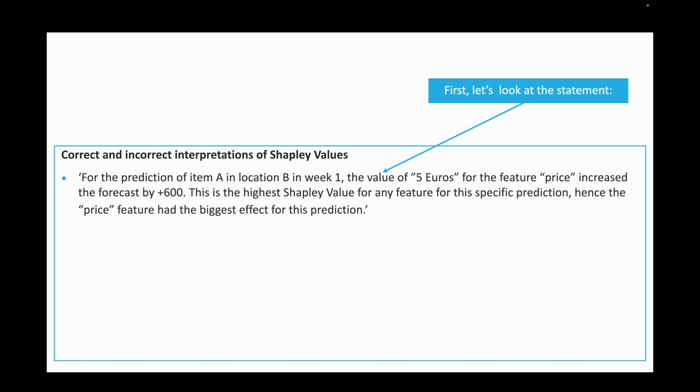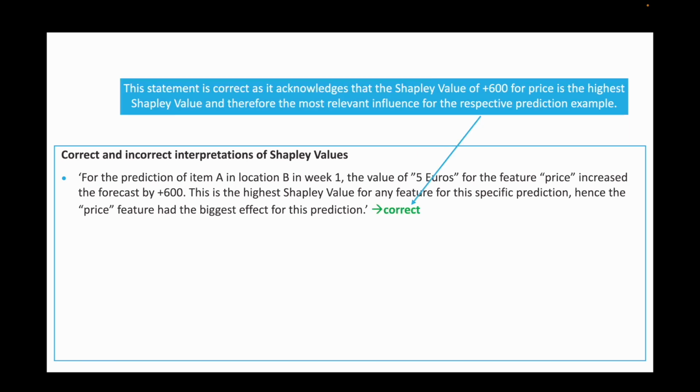This is the highest Shapley value for any feature for this specific prediction, hence the price feature had the biggest effect for this prediction. This statement is correct, as it acknowledges that the Shapley value of plus 600 for price is the highest Shapley value and therefore the most relevant influence for the respective prediction example.